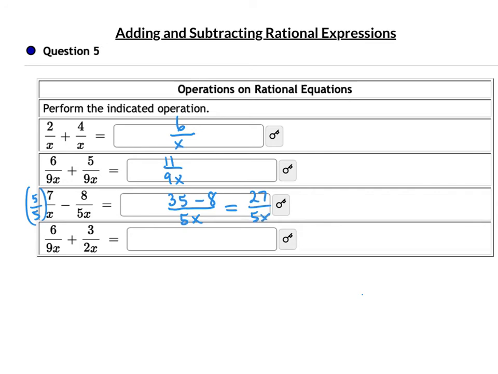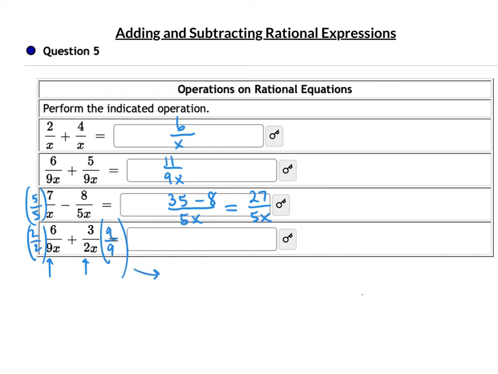over 5x. For the last one, 9 and 2 have a common denominator of 18. That's the least common multiple. This side will need a 9 to make the 2 and 18, and this side will need a 2 to make the 9 and 18. And we have 2 times 6.